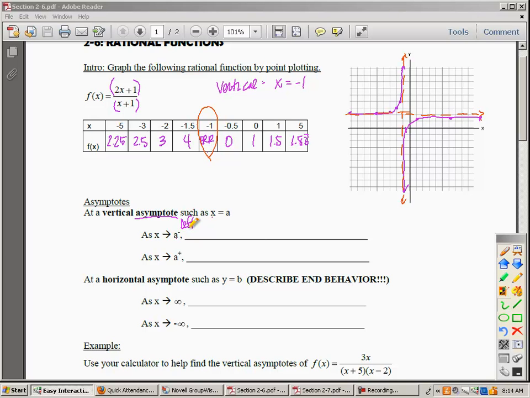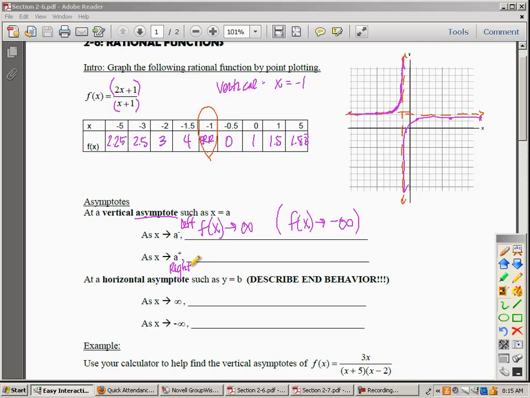So as I'm coming from the left, in this case, as I get closer to my asymptote from the left, my graph is going to go up to +infinity. However, you will have graphs where it ends up going to -infinity. And so I'm going to put both here. But for our graph, when we go to the left and I get close to that value, you'll see it goes up to infinity.